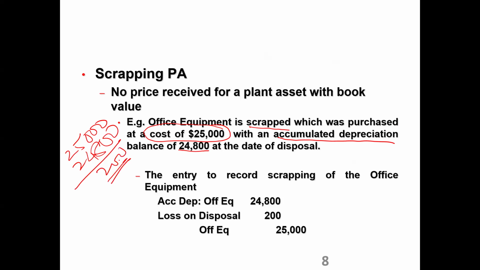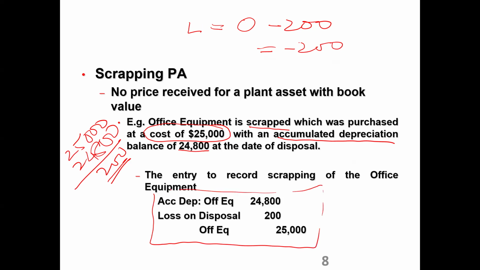In this case, we will have a loss, because the selling price we are getting is zero and the book value is 200. So we have a loss of 200. The entry would be accumulated depreciation of the equipment debit 24,800, loss on disposal debit 200, and office equipment credit 25,000. I hope that's clear to all of you.